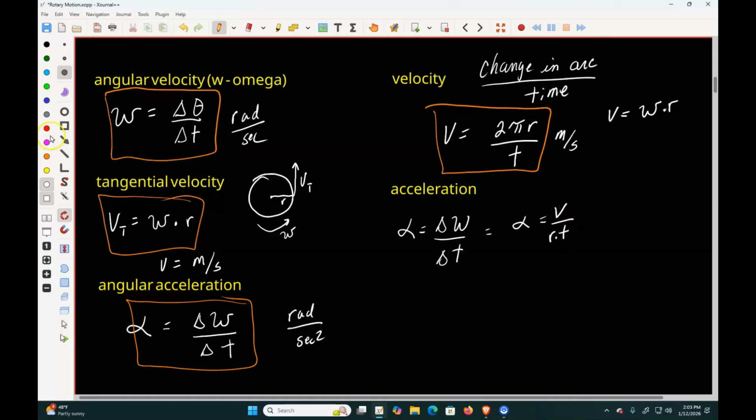Now, velocity over time is linear acceleration. So I can say then that angular acceleration is equal to linear acceleration divided by the radius. This is an important formula. Oftentimes you'll see it written as a equals alpha times r. My kids call this acceleration equals fish times r. That's what my kids always call this.